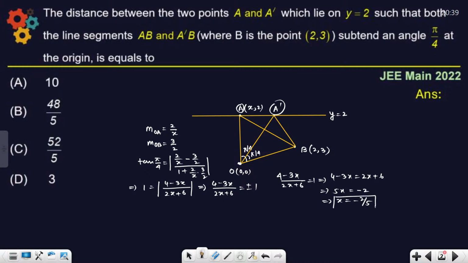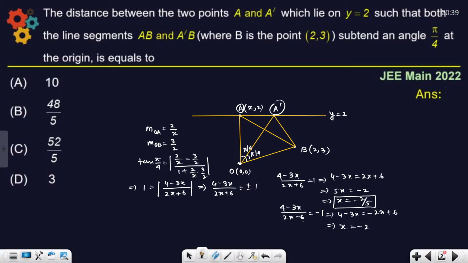So one point we got as (minus 2 by 5, 2). Now if we take the minus sign, so from here we are going to have x equals, well, if I take that, x equals 2.